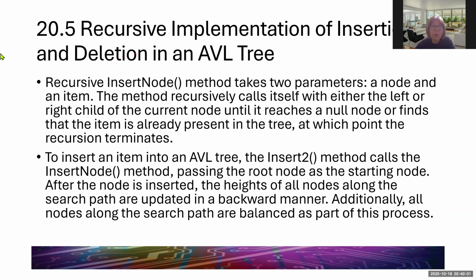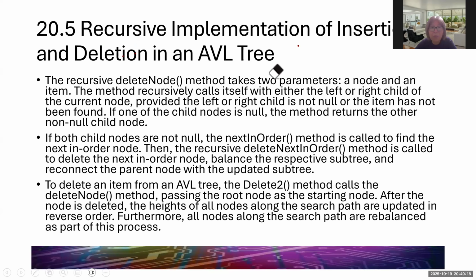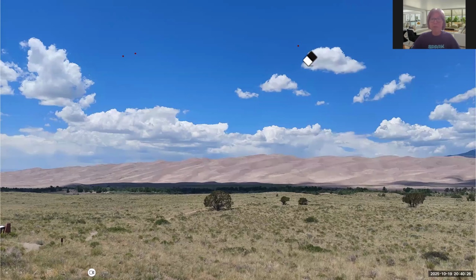For the insertion and deletion in an AVL tree, we can also do the recursive implementation, and we will take a look at it in our coding example. The deletion, same thing, we can do the recursive implementation. So that's the discussion of the concept of the AVL tree.